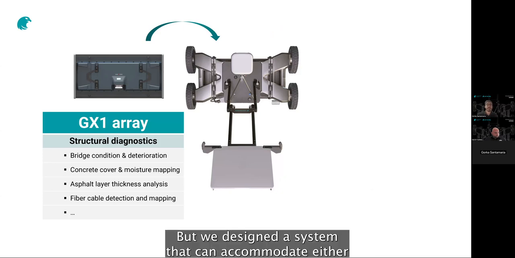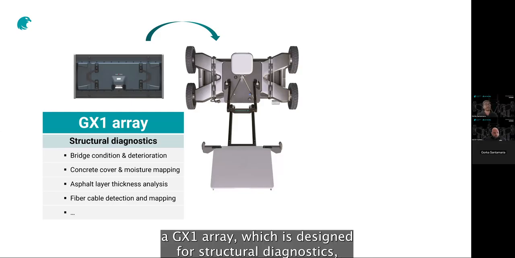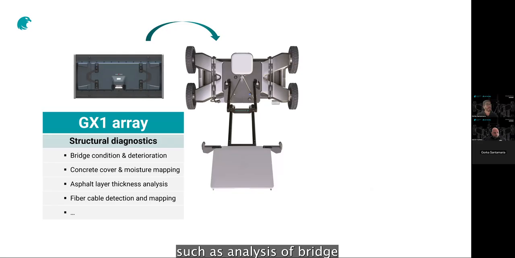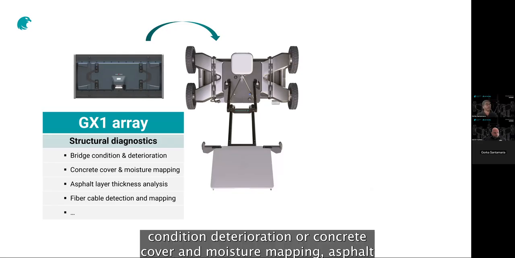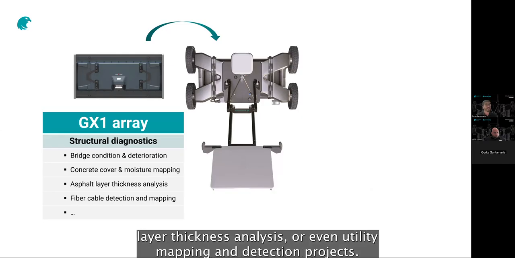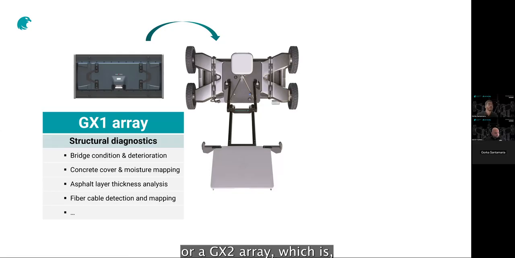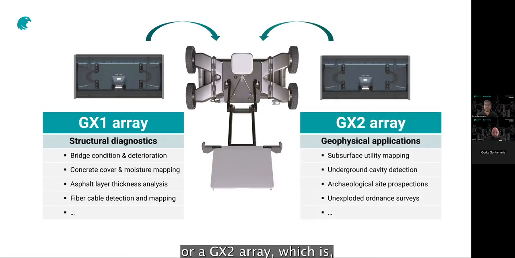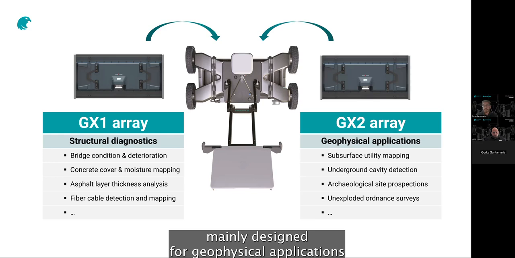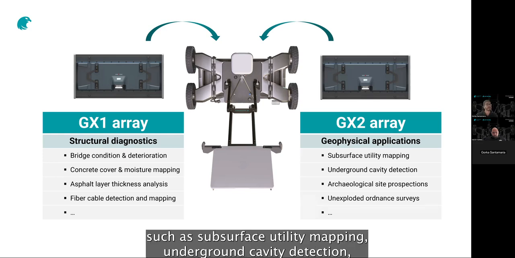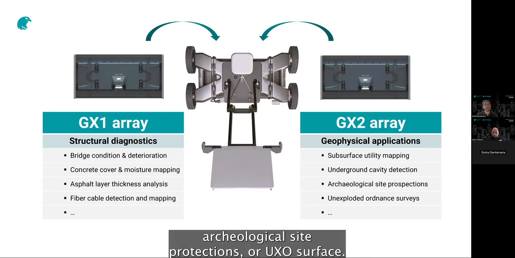What we designed is a system that can accommodate either a GX1 array, which is designed for structural diagnostics, such as analysis of bridge condition deterioration, or concrete cover and moisture mapping, asphalt layer thickness analysis, or even utility mapping and detection projects when we're talking about very small, shallow utilities, such as fiber cable, or a GX2 array, which is mainly designed for geophysical applications such as subsurface utility mapping, underground cavity detection, archaeological prospections, or UXO surveys.